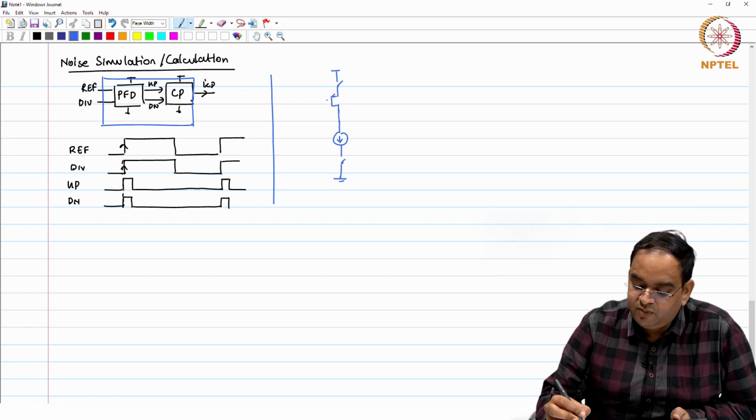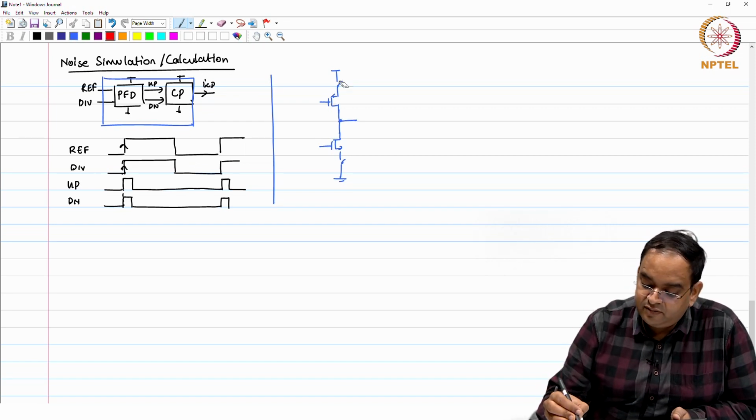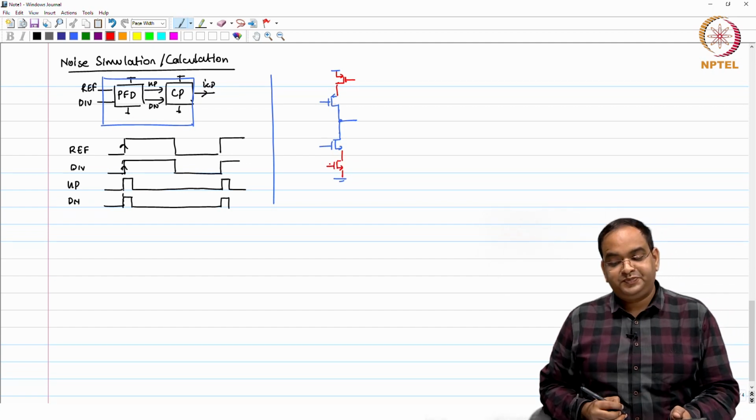So, you will have a MOS current source like this, another MOS current source like this, and you will use MOS switches here and here. This is a very simplified model of the charge pump.